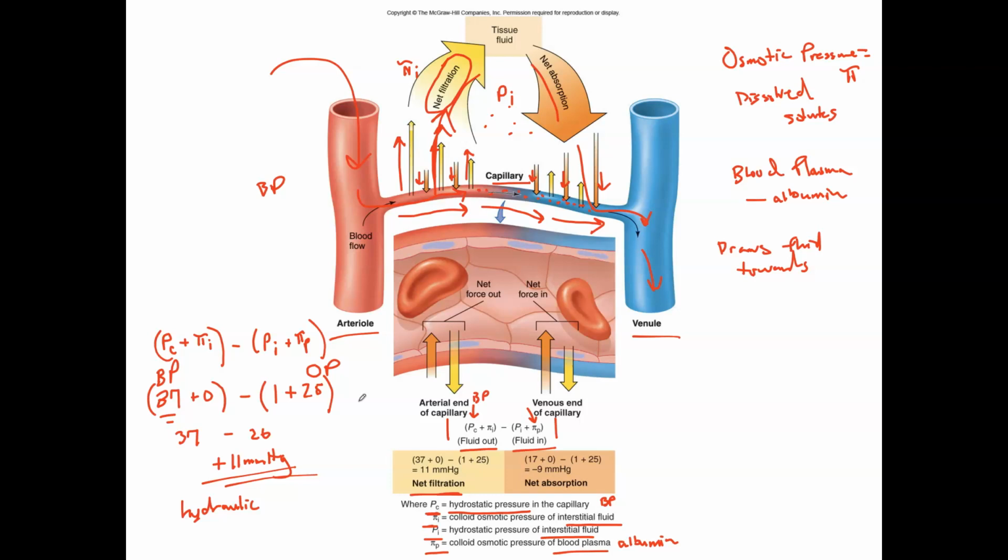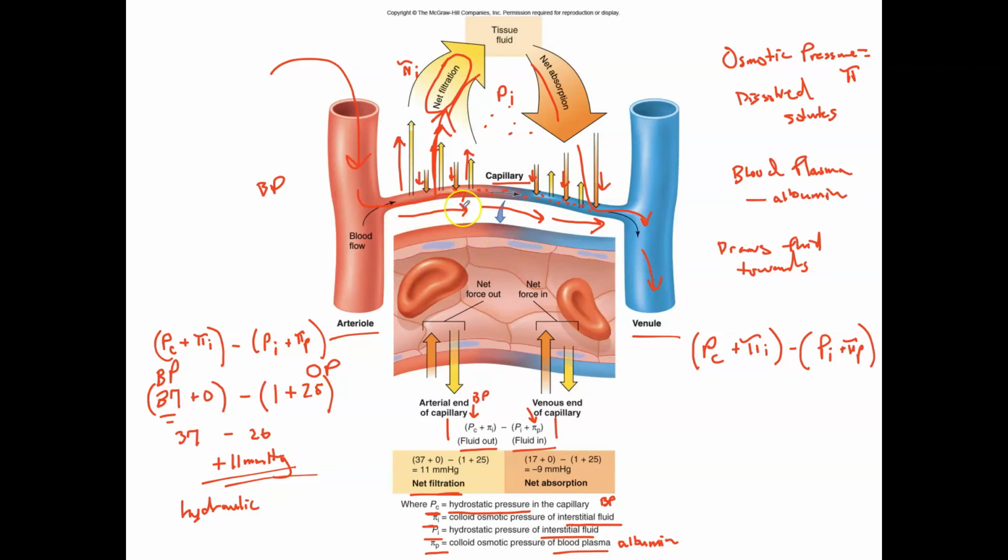Let's look at the same formula, but on the venule side and see why we get net absorption. So same formula, P sub C plus pi sub I, that represents our fluid out, minus P sub I plus pi sub P. That represents our fluid in, but let's look at different numbers, okay?